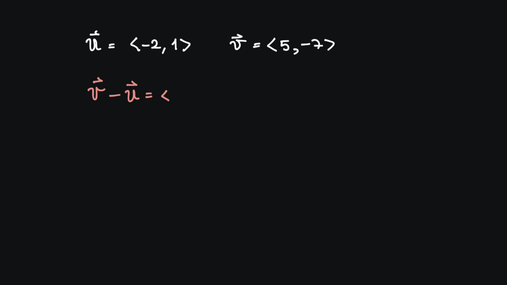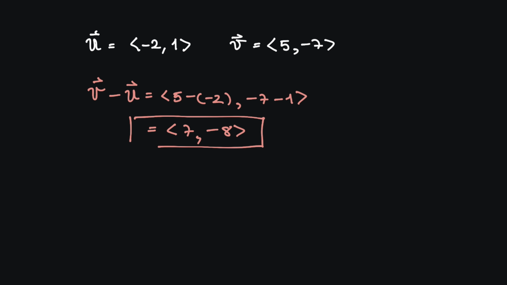Since it's V minus U, it will be 5 minus -2, and -7 minus 1. A negative times a negative is a positive, so 5 plus 2 will be 7. And -7 minus 1 is -8, right? So the new vector we get by subtracting vector U from vector V will be (7, -8).